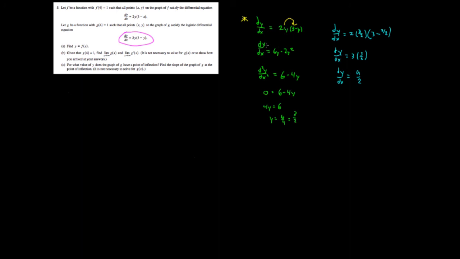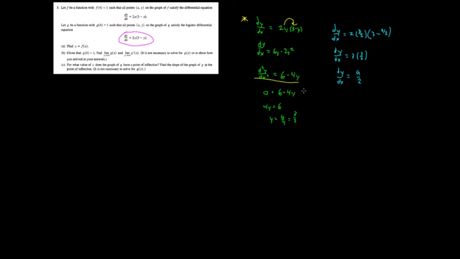Then you take the derivative of that, and you get 6 minus 4y. The y goes to 1, and y squared goes to 2y, and 2y times 2 is 4y. So that is the second derivative right here.